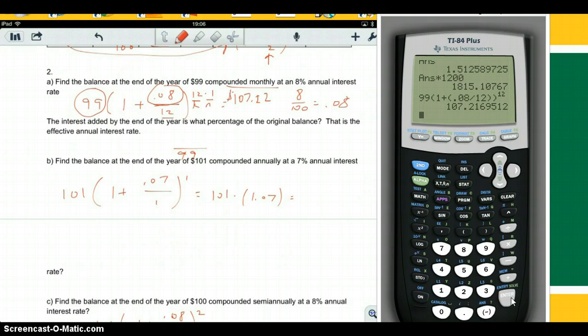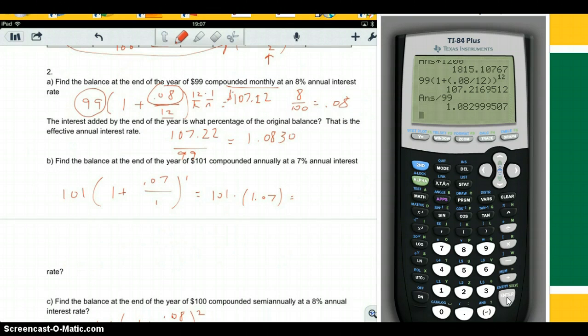Okay, the interest added by the end of the year is what percentage of the original balance? This is the effective annual interest rate. So all we need to do is, in the numerator, we're going to put 107.22. In the denominator, we're going to put 99. So we already have 107.22 in there, so we'll just do divided by 99, and that gives us 1.083, 1.0830.